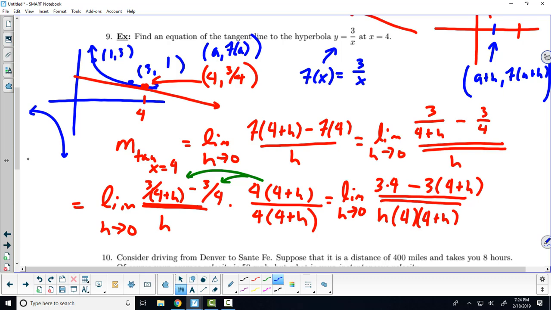When x is equal to 4, I went ahead and plugged 4 into the function. That's precisely why I don't like to use this y equals 3 over x, just because that gets a little confusing. What did I just plug it into? I plugged it into the original function that we were given, y equals 3 over x. Great question. Others?